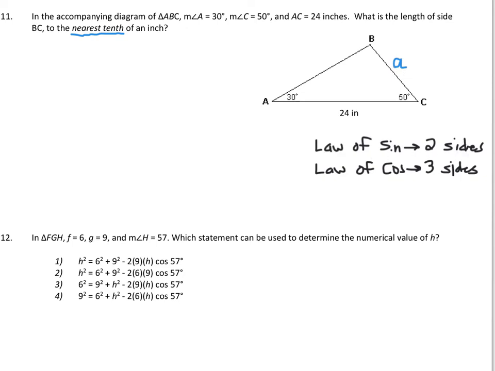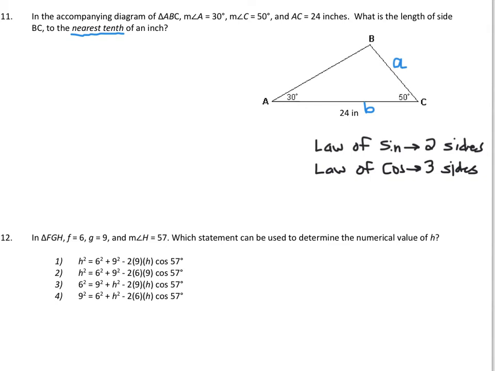Now, when you use law of sines, you have to use the angles across from the 2 sides that we're working with. So this is one side we're working with, right? Side B. I'm just going to put a B on that. So whatever 2 sides we're working with, we have to use the angles across them. So since we're working with side B, we need to work with angle B. And since we're working with side A, we need to work with angle A. Okay?